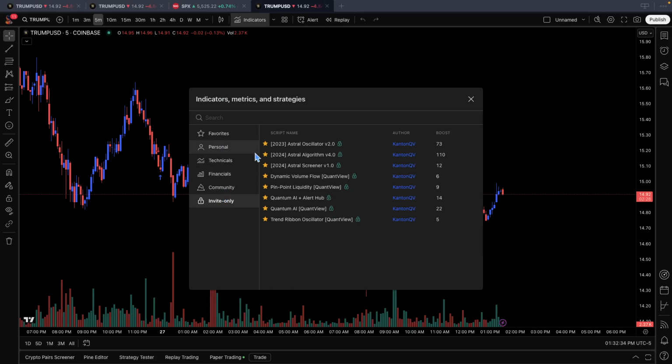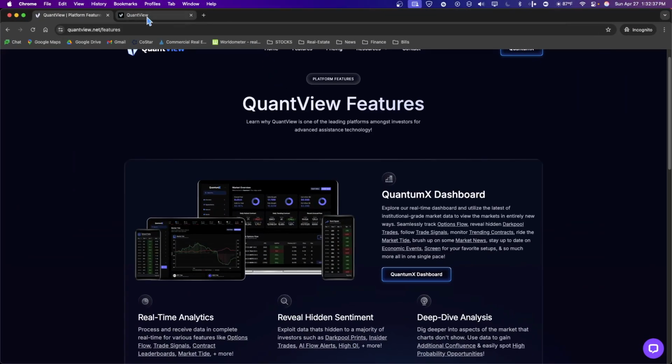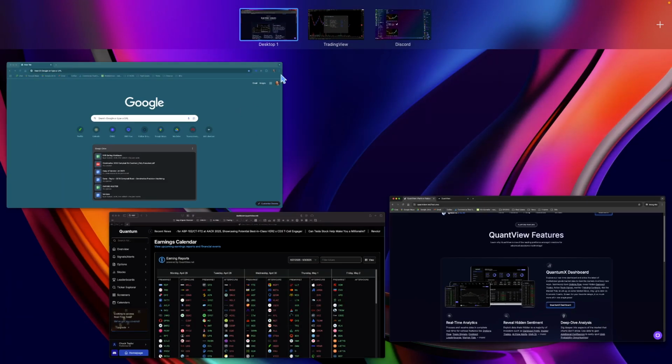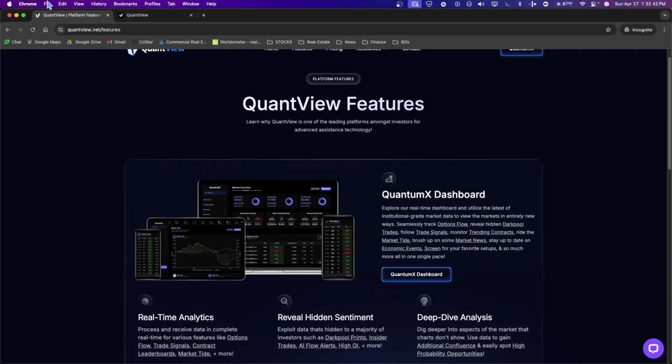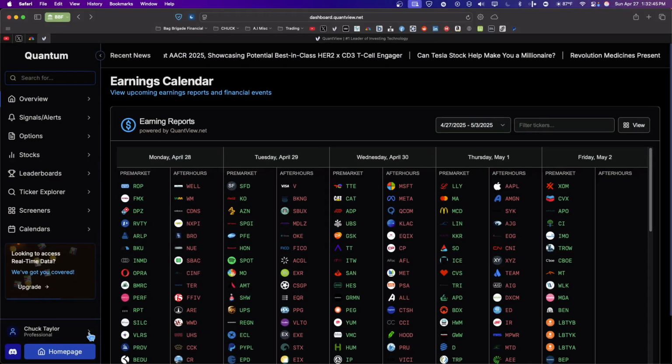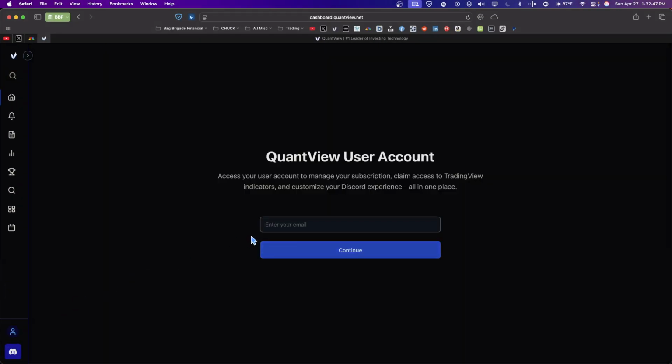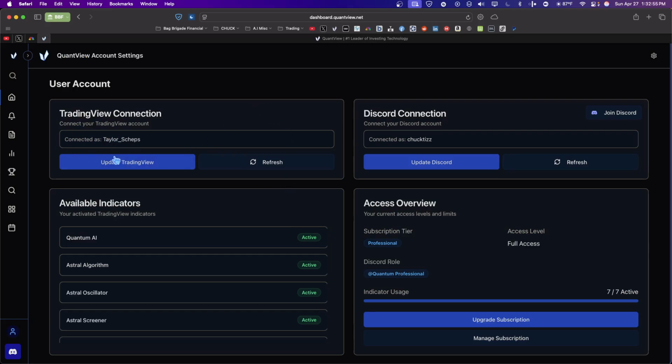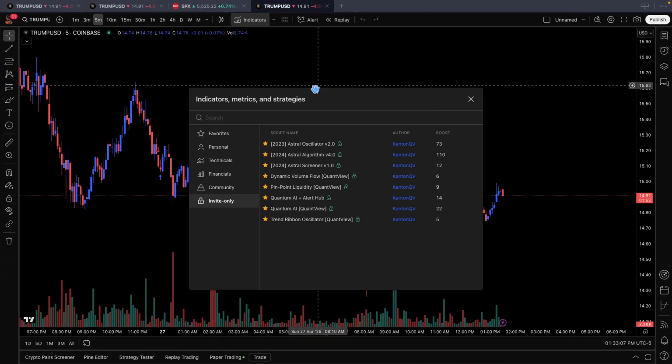Once you've gone back and did what I showed you prior, remember when you come to the dashboard and come to your settings, your account, I'm sorry, and you put in your information, password and all that. Remember, you need to make sure you put your TradingView name in there, and then update TradingView. Boom. It's the same thing for their Discord server. Just like I said, once you've done that, you should be able to see the invite onlys.